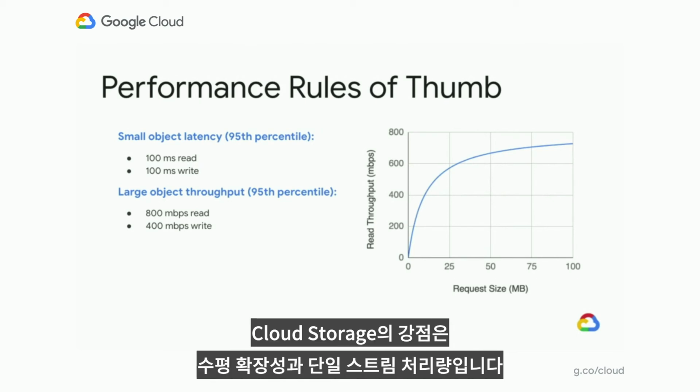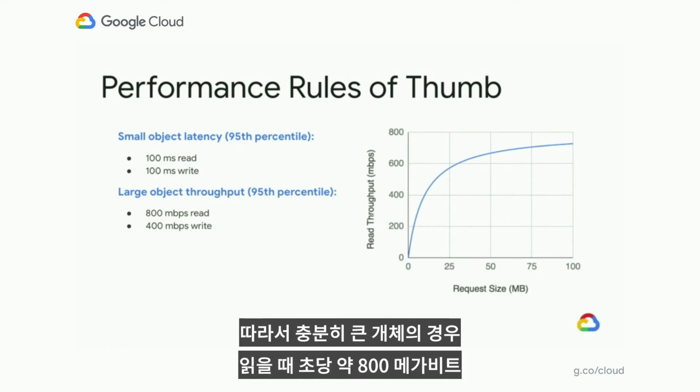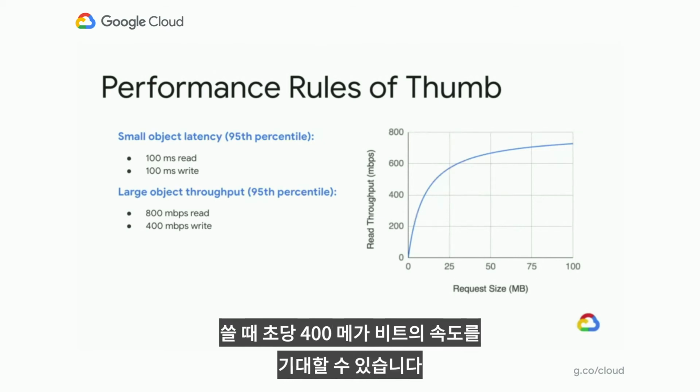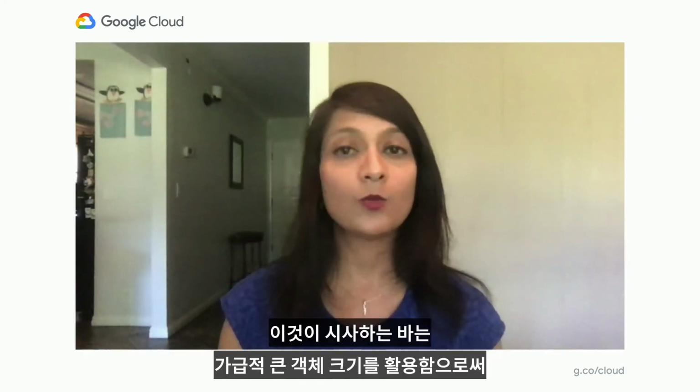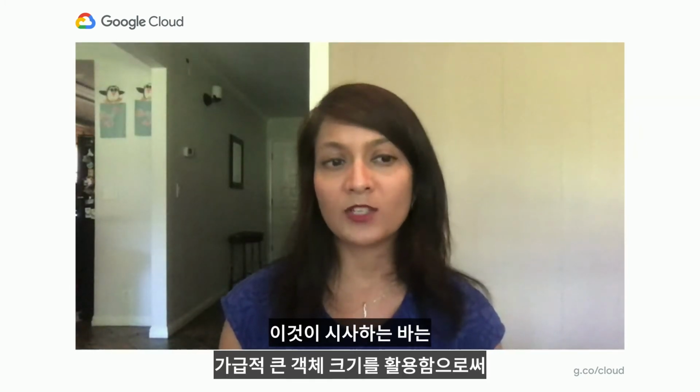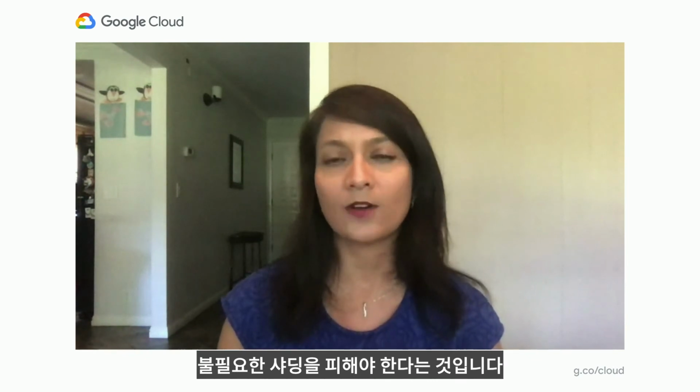The strengths of cloud storage are really horizontal scalability and single stream throughput. So for a large enough object, you should be able to get about 800 megabits per second for read and 400 megabits per second for writes. What this means is you would want to favor large object sizes and avoid unnecessary sharding.